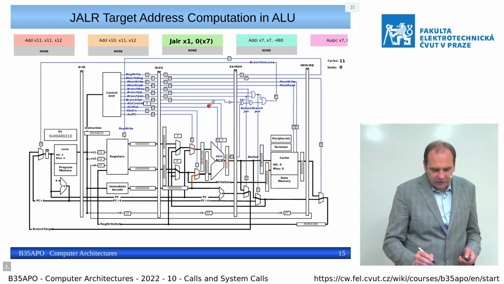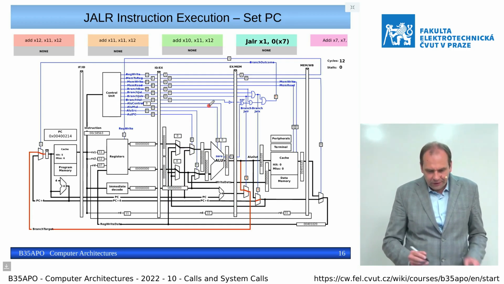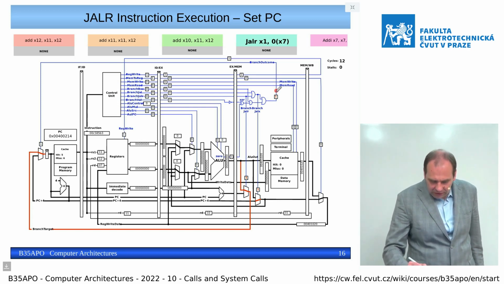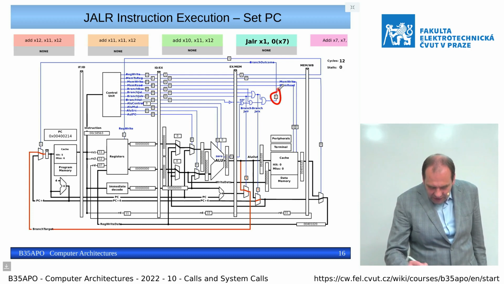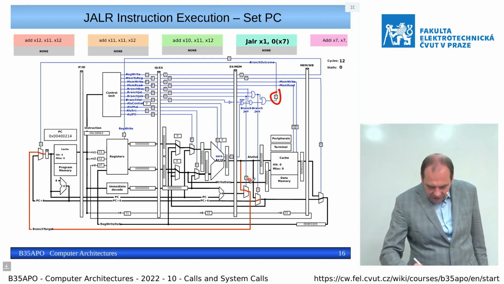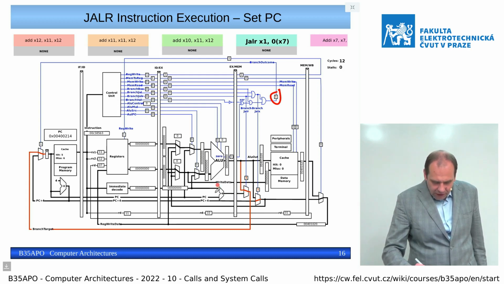At the next clock cycle, the jump and link instruction advances to the memory stage, and it is a branch instruction. We select that the address is not given by the other unit for the branches, but that it is given by the main arithmetic logic unit.